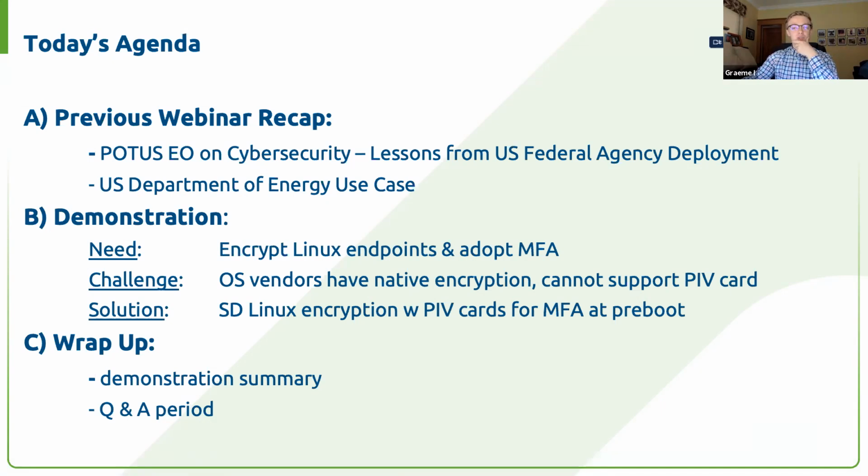From that webinar, we'll be specifically focusing on a deep dive for the Department of Energy case study that was covered in that webinar. And then we'll transition to a demonstration of our PIV card solution for Linux and how it was specifically deployed for the Department of Energy. Then we'll be transitioning into our typical conclusion with an open floor Q&A and an overall summary of what we've talked about here today.